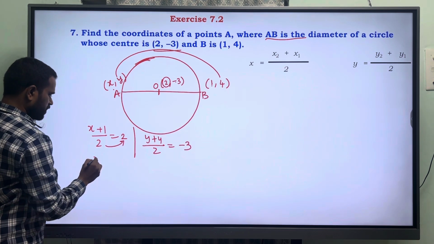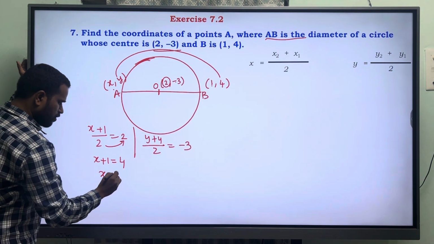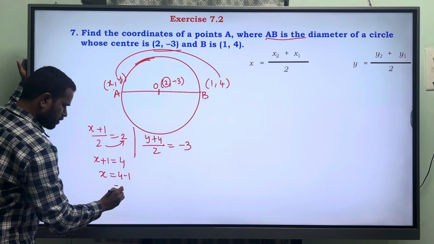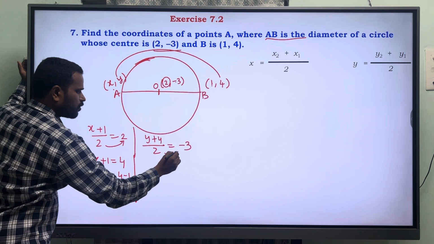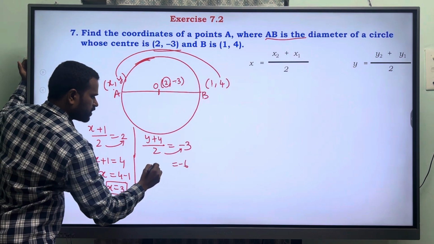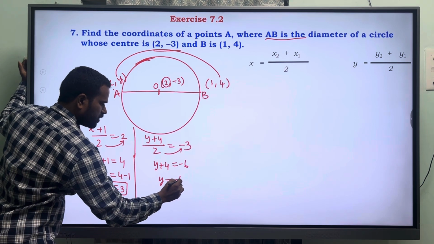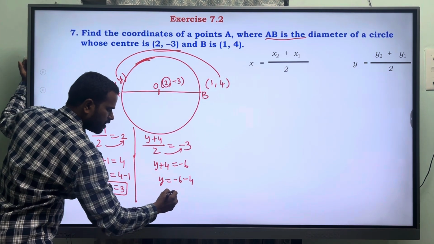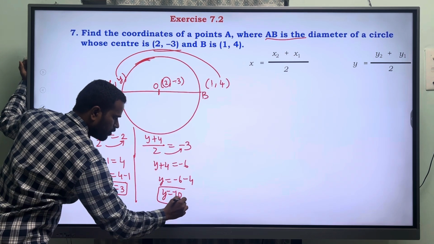So x plus 1 equals 2 twos are 4. 1 will go to the other side, 4 minus 1 is 3. 2 threes are minus 6. y plus 4, y is equal to minus 6 minus 4 on the other side. y becomes minus 10.